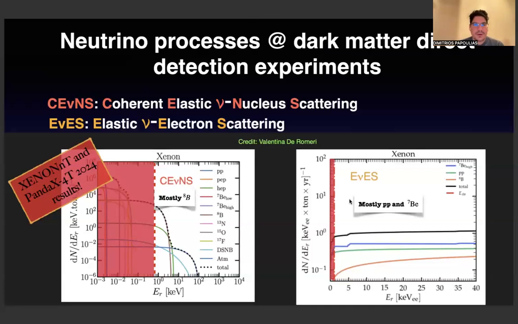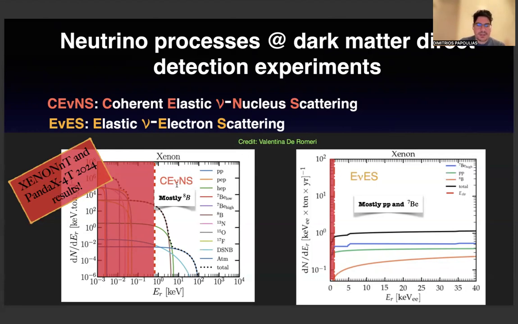But before going there, let me also present another interesting plot. You can see that depending on the nature of the interaction, if it is CEvNS based or neutrino-electron scattering based, different solar neutrino components matter.